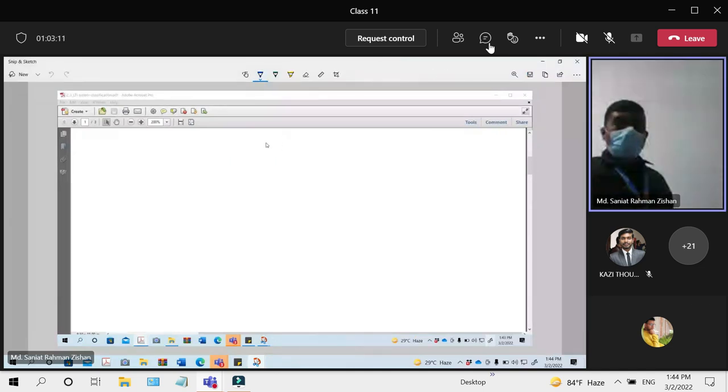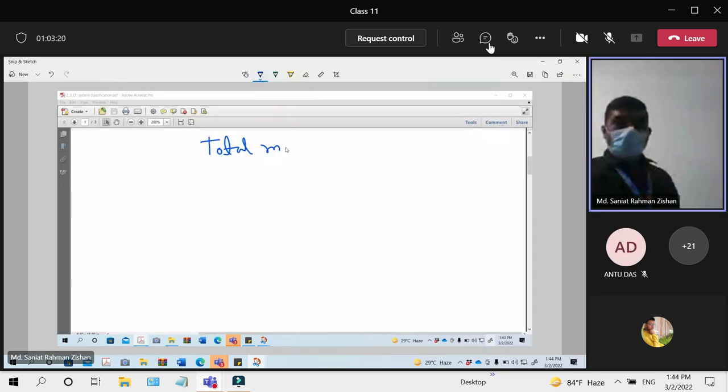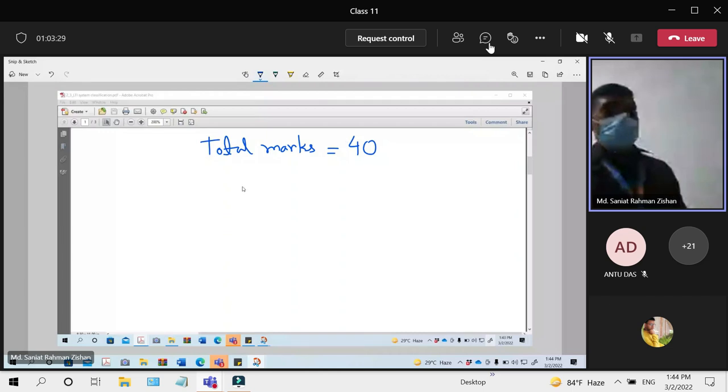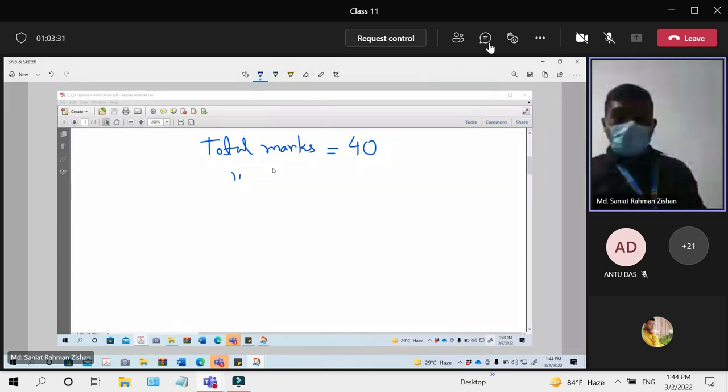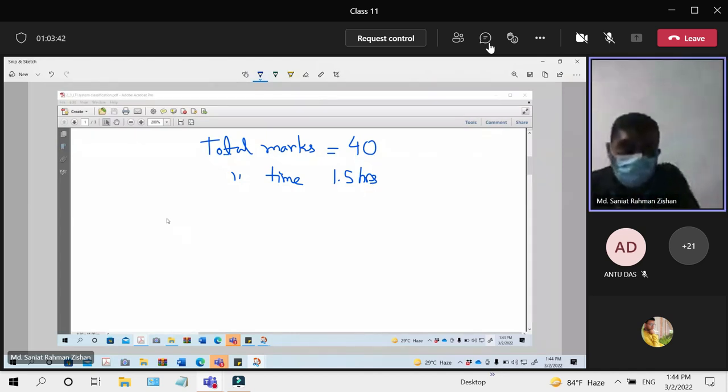As you know, in your midterm exam the total marks is 40, and the total time is 90 minutes, 1.5 hours. Ignore my handwriting. Now about the question type, there will be in total 4 questions.